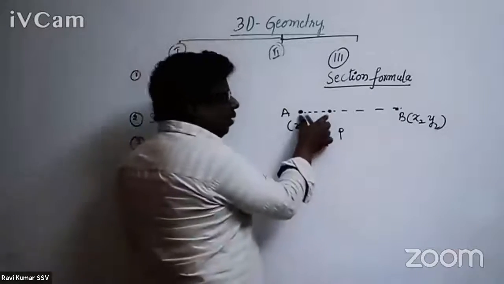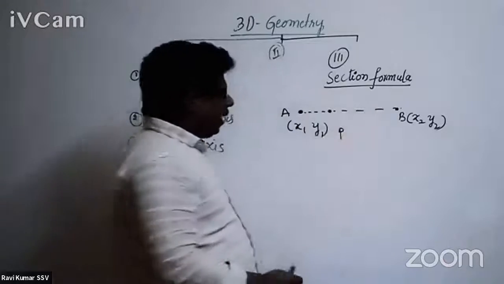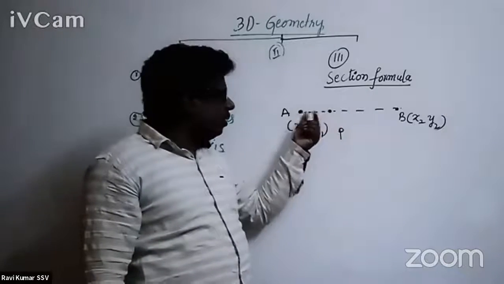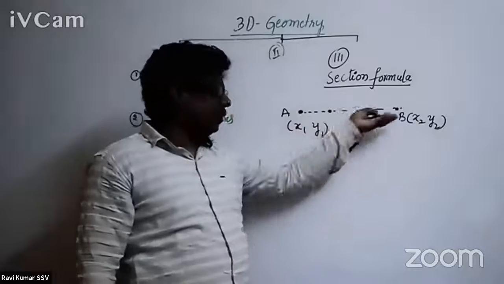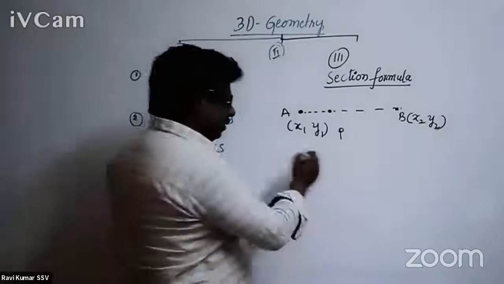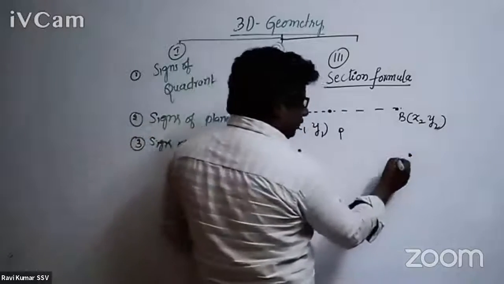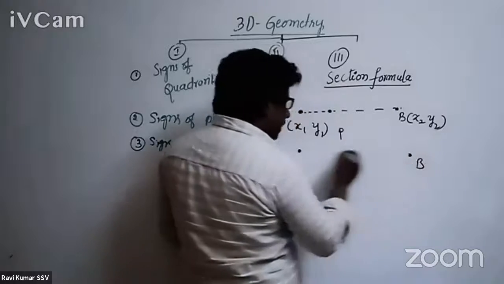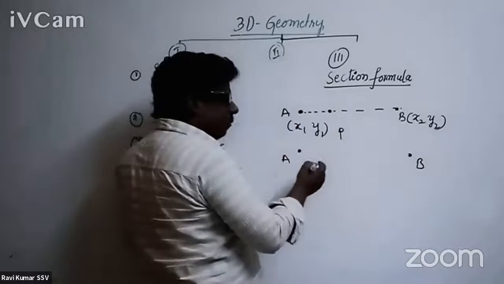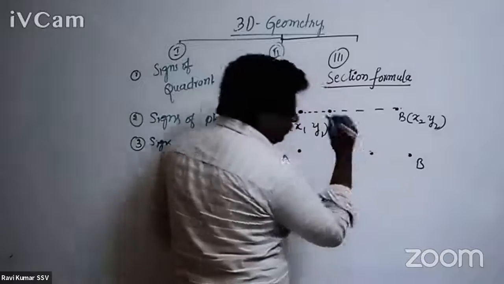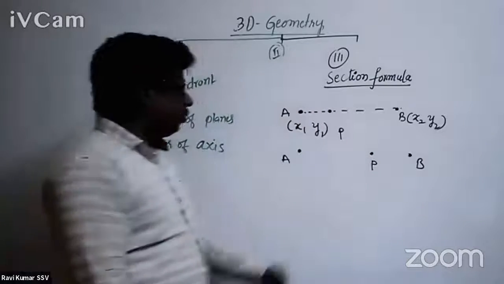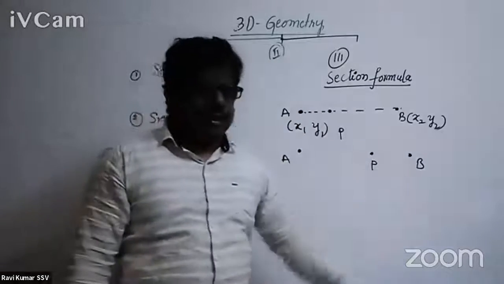Here this is one part, this is another part. It might be closer to A, or closer to B also. Then we can take it like this also, no problem. This is B, x2, y2, this is A, x1, y1. Either towards A or towards B. Am I clear, Rohit?